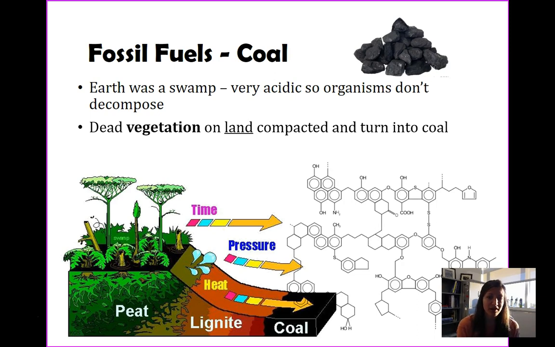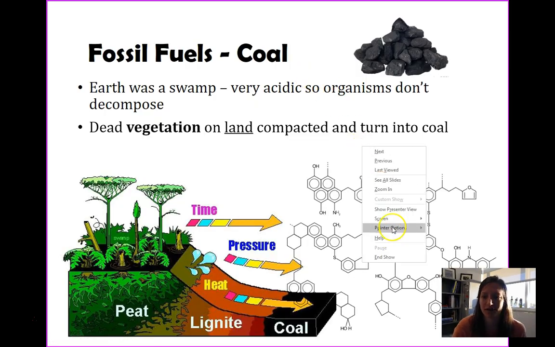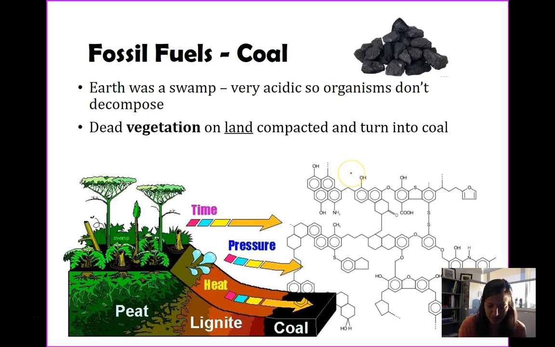Now this is the molecular structure of coal. I am not going to ask you to draw this or anything like that, but I point this out for a reason. Each of these rings has a carbon in it. So this is a carbon, carbon, carbon, carbon, carbon, carbon. So each one of those rings has 6 carbons in it.